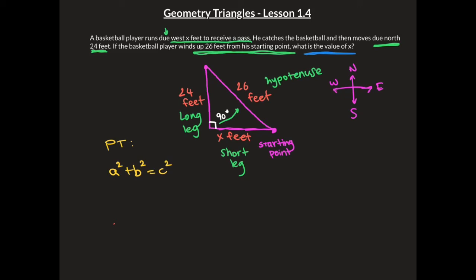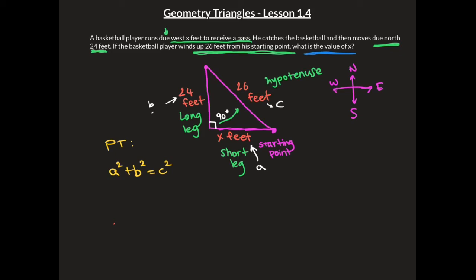We'll label our 26, because that's our hypotenuse, that will be c. So this is c, and then this is b. We'll do our long leg as b, and then our short leg as a. Now let's just plug it in.